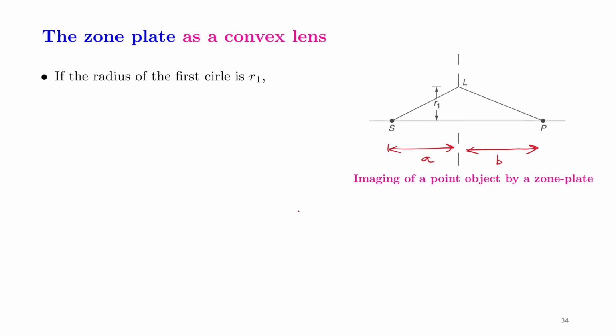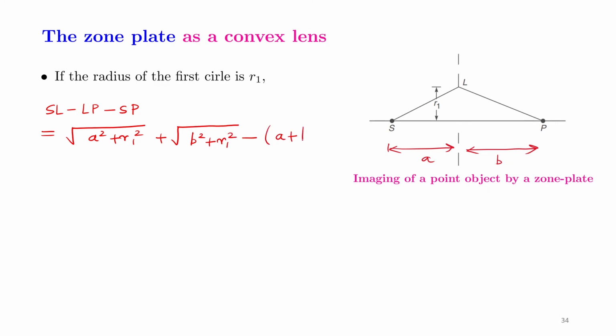Now, if the radius of the first circle is r1, then SL plus LP minus SP is equal to square root of a square plus r1 square plus square root of b square plus r1 square minus a plus b.